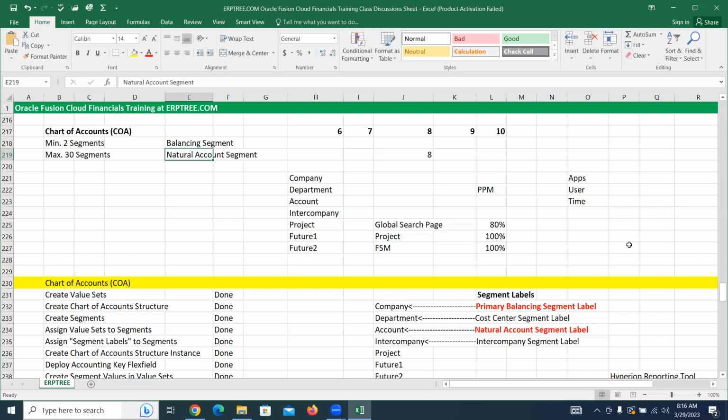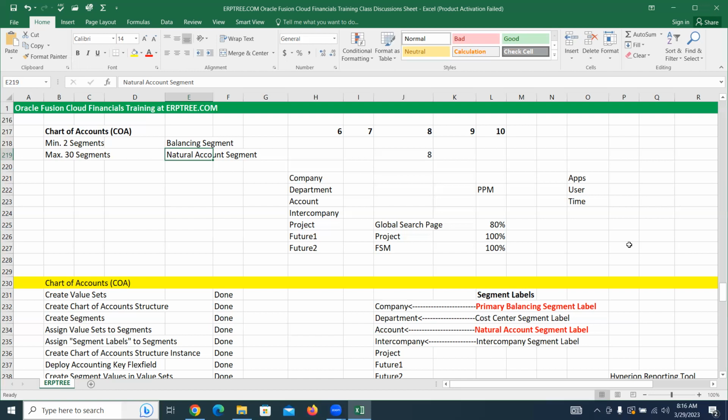So that is the reason we should not say company is the balancing segment. What should we say? To which segment we are assigning the primary balancing segment label, that segment is the balancing segment.